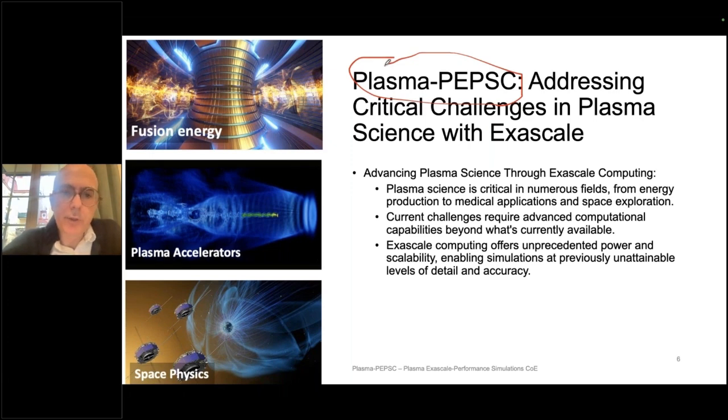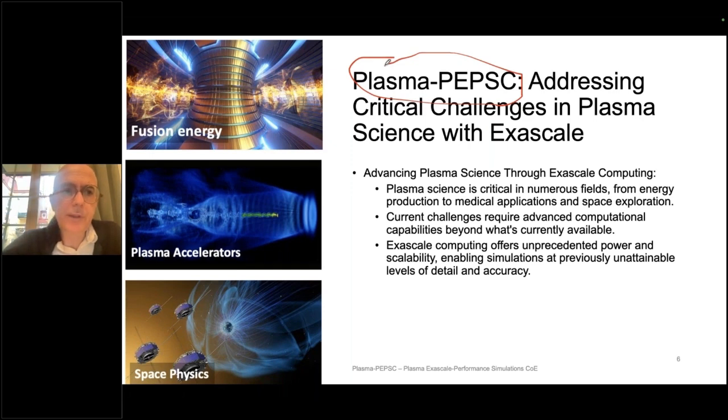We have 4 codes that I'm going to describe quickly in the continuation of my presentation that address key plasma science. And so we have the very ambitious goal by the end of the project to make a key advancement in understanding and addressing the grand challenges.